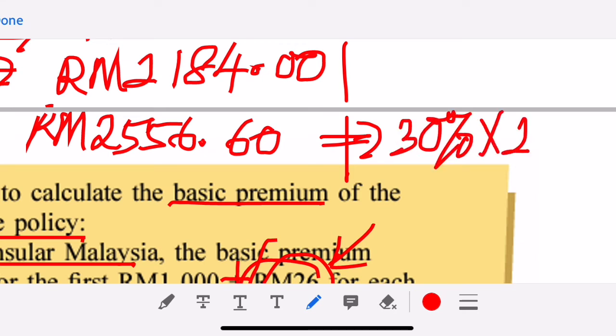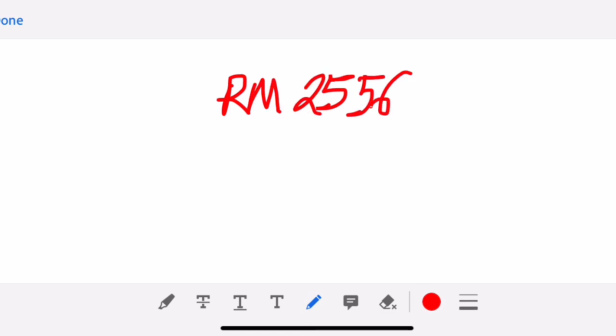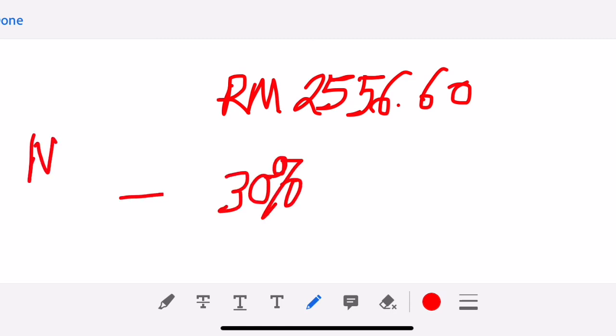So it's 30% times 2556.60. So Encik Bakri is entitled for no claim discount. So just now it was RM2556.60 minus out 30% of the NCD. This is the NCD, right?